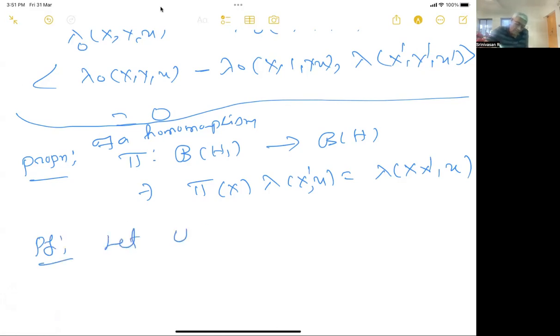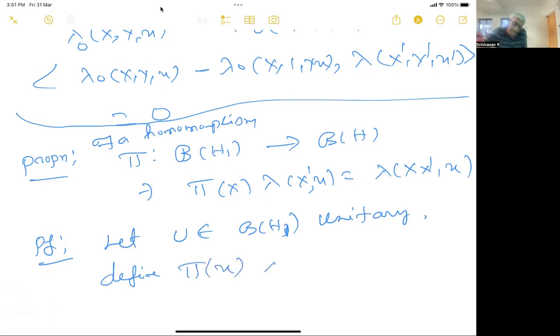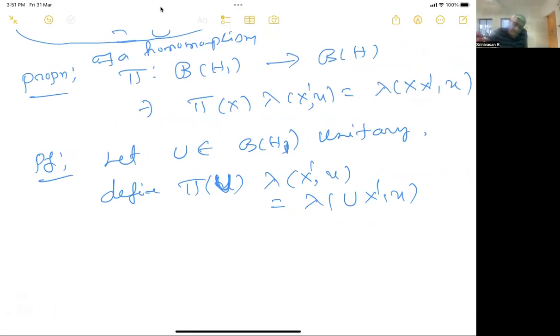Let u in B of H1 be unitary. First, we verify this for unitary. Basically, left multiply it, verify this is unitary, it preserves inner product. Then you define pi of u acting on lambda of x prime, u to be equal to lambda of u x prime, u. You define it, and you verify whether it is unitary.